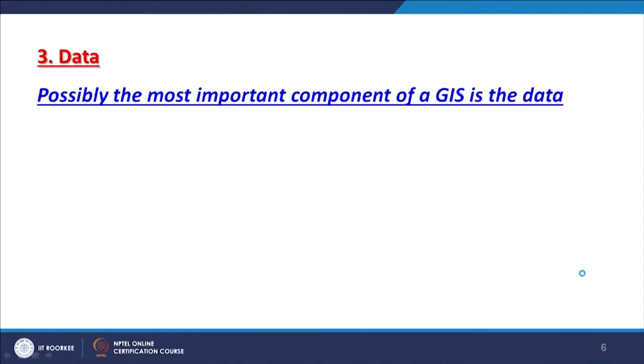The richer your GIS database is for an enterprise or an organization, the more analysis you can do on it. But if it is not rich in data, and good quality, clean data, then such analysis cannot be performed. So, possibly the most important component of a GIS is the data.